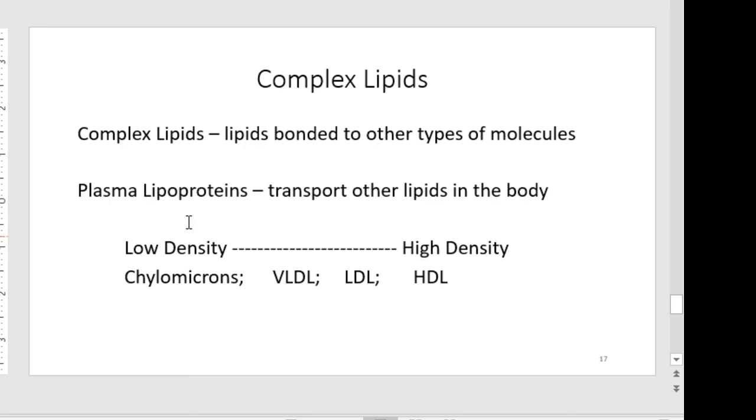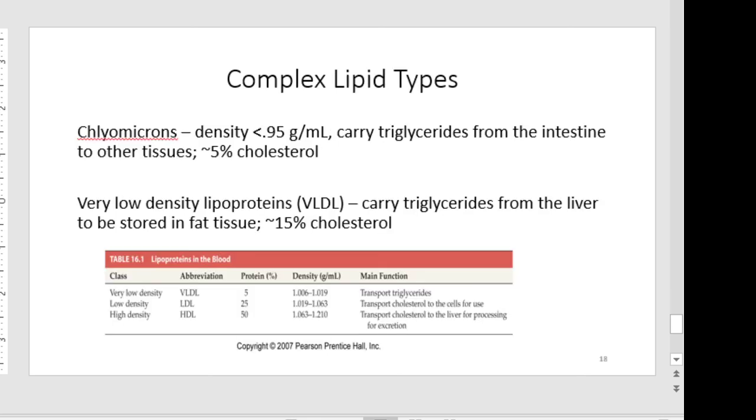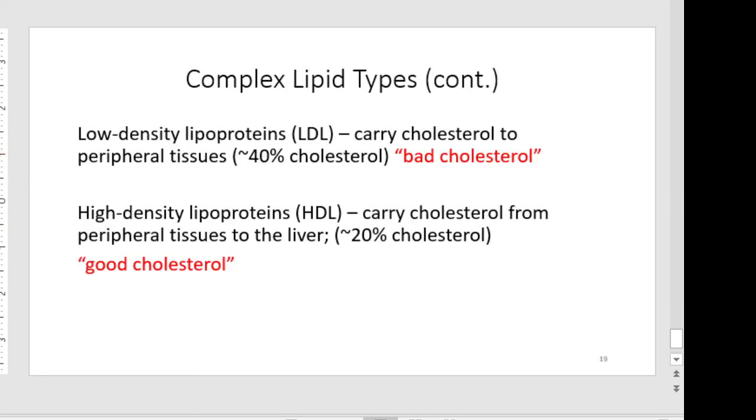All right, so we're ready for our complex lipids. So here we're mostly talking about LDL and HDL. All right, and so HDL is the good, healthy. Think of that as being the healthier. All right, and so that's the main thing I want you knowing, that HDL is going to be the good cholesterol. When people talk about you should have good cholesterol versus LDL is the bad cholesterol.